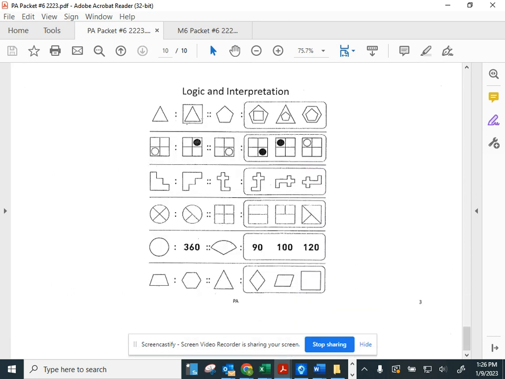The last page. I've had a lot of us asking me questions about this. You need to find what the pattern is for the first section, and then you need to follow that pattern for the second. So if I look here to go from a triangle to a triangle inside a square, what would that pattern be? I have the triangle has 3 sides, and it's inside a 4-sided figure.